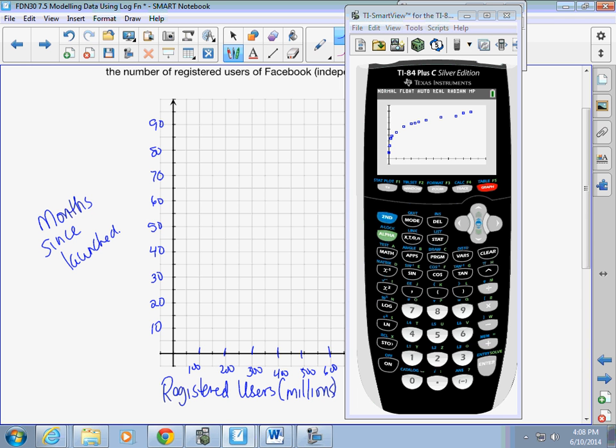So your data, and like I said, I'm not going to plot all the points just to save us a little bit of time, tends to be going sort of like this, if you were to draw the line. And it kind of continues up.